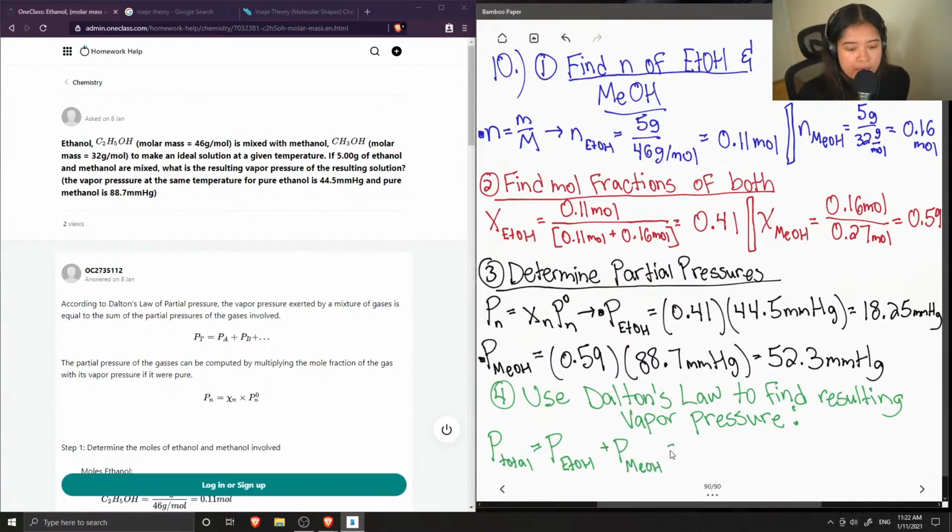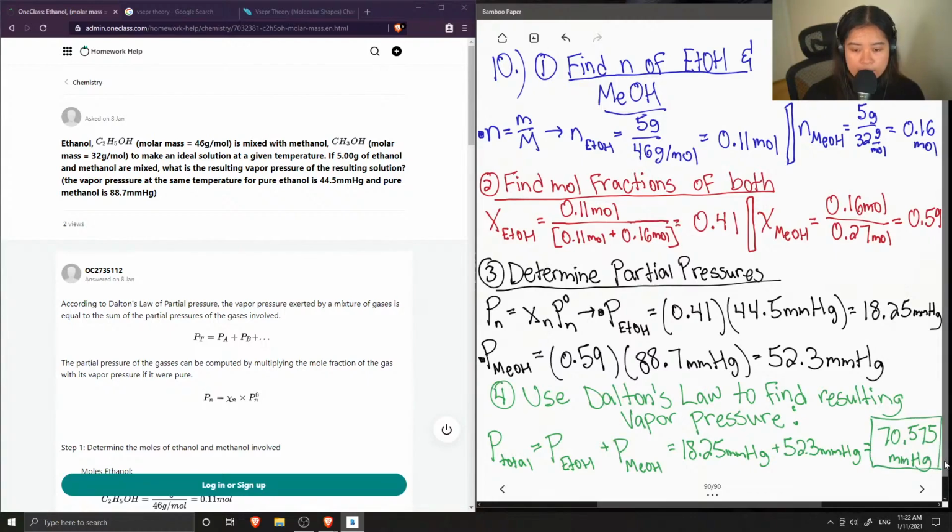So it's pretty much adding the two values that we got from the previous step. So 18.25 plus 52.3 gives us a total value of 70.575 millimeters of mercury. So this is our final answer.